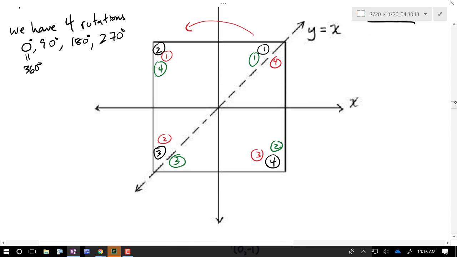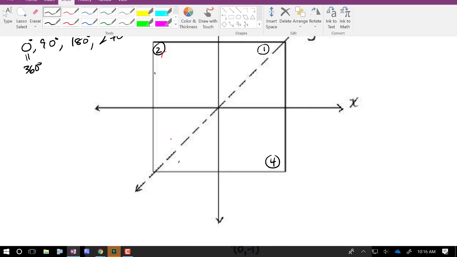Let's go back to this original square. We said that when we flip it, we're just going to flip it across this axis of symmetry. What is the inverse of a flip? What should be the inverse element of a flip? For example, here's our original position.